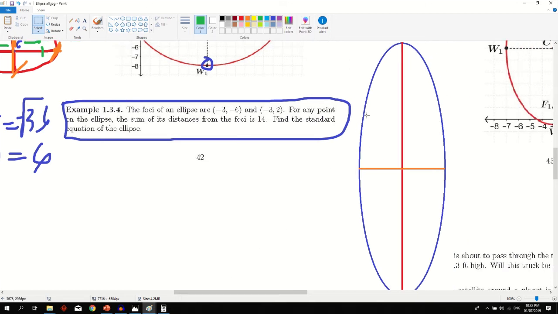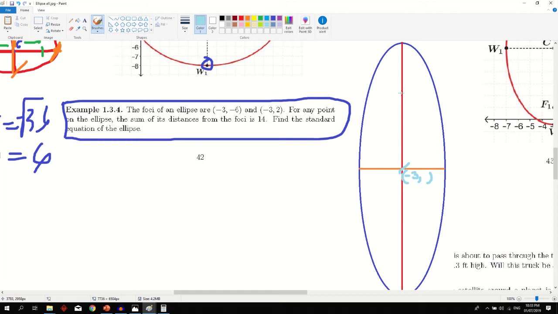So this is supposedly the ellipse, no? Okay, so this could be right here. We are given a hint that this is negative 3. Okay, so negative 3. We don't know what's the y yet, so we'll leave that blank.